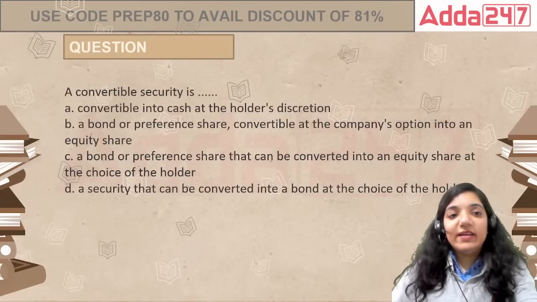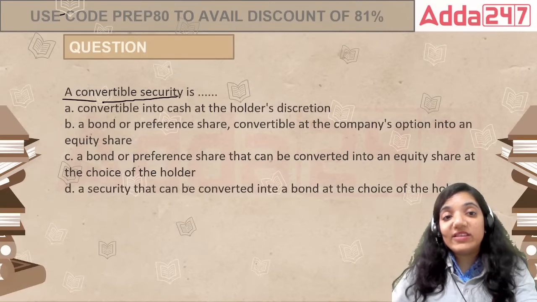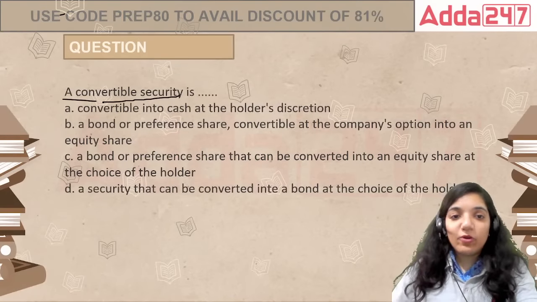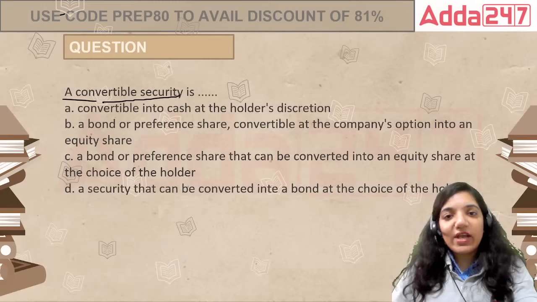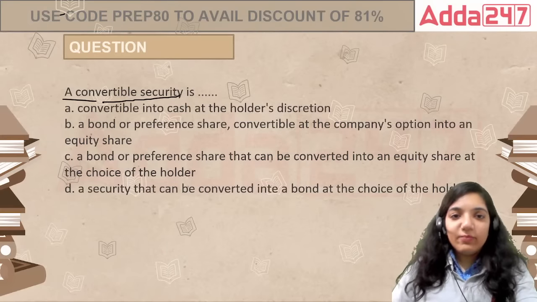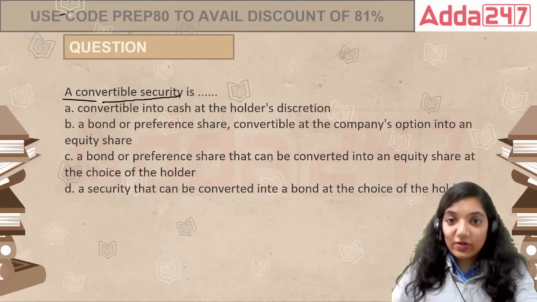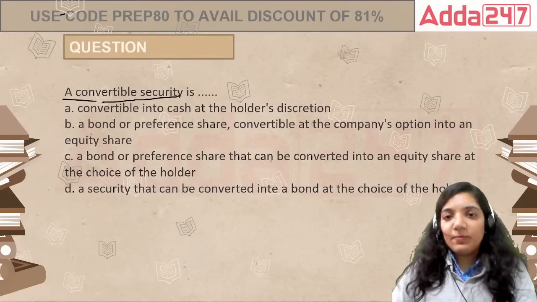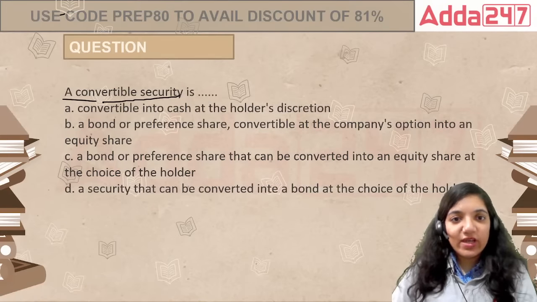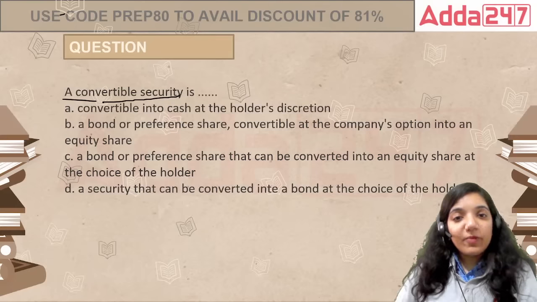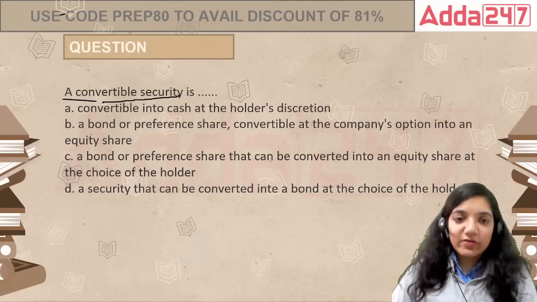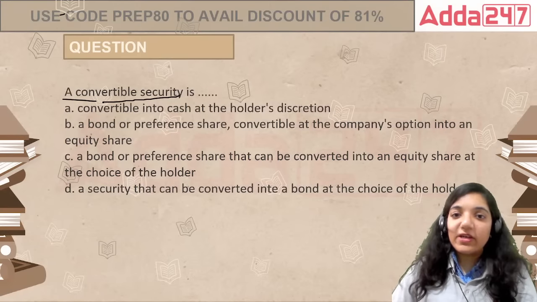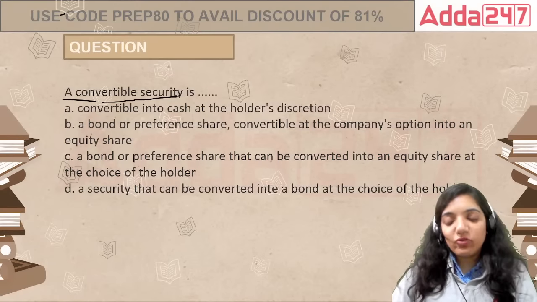Right? Acha, next question, everyone. A convertible security is what exactly? What would you call a convertible security? A convertible security means a convertible into cash at the holder's discretion, or a bond or preference share convertible into an equity share, a bond or preference share that can be converted into an equity share at the choice of the holder, or a security that can be converted into a bond at the choice of the holder.